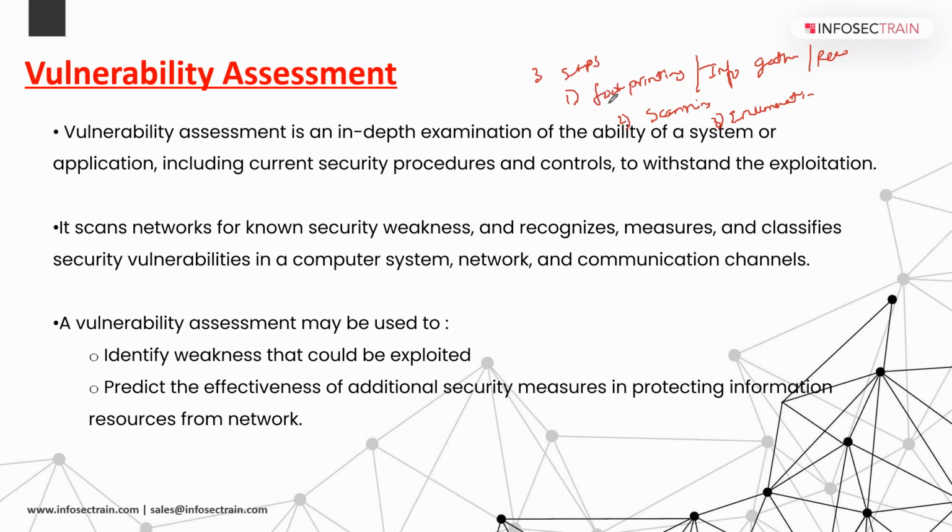First I'm going to collect all the detailed information. Once I have the information, I'm going to scan that particular network, to see whether there is any open port in this network, and what services they have been using. After that, we are going to collect more detailed information. That's what we are doing in enumeration.